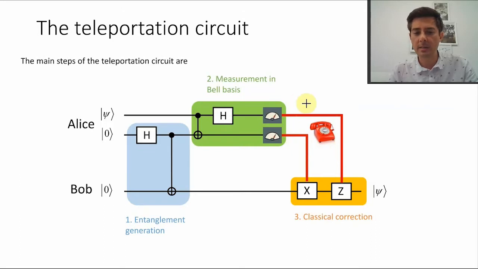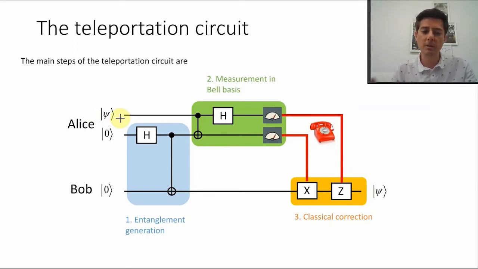As I said, Alice needs to tell Bob some information, like phoning up Bob: hey Bob, I've got some information here. Based on that, Bob does some operations. After these three steps, Bob will perfectly get the state that Alice had.